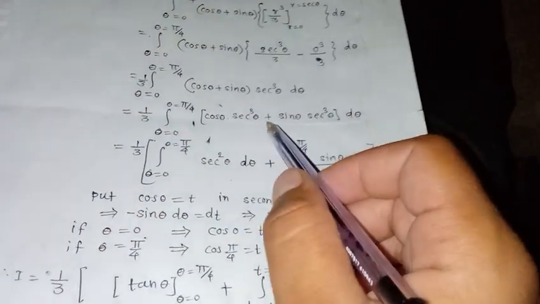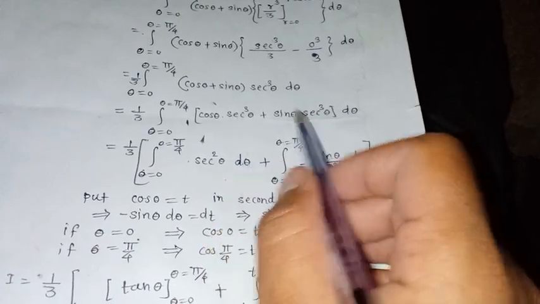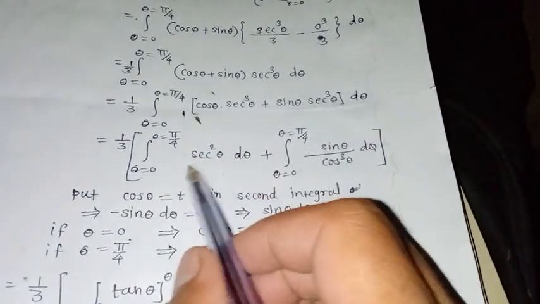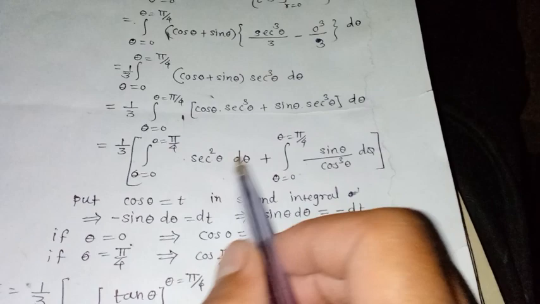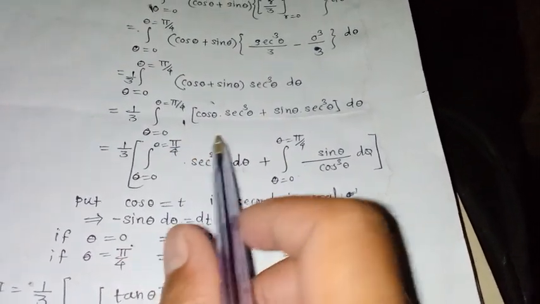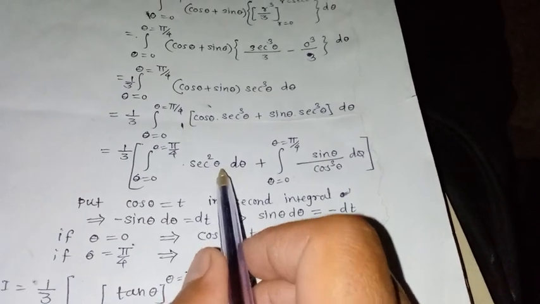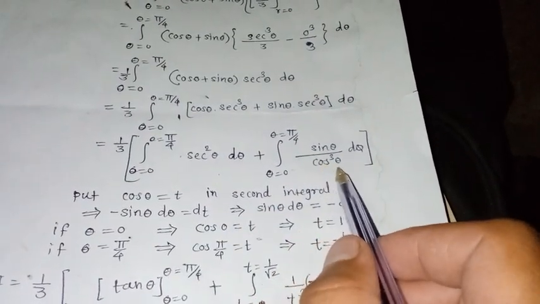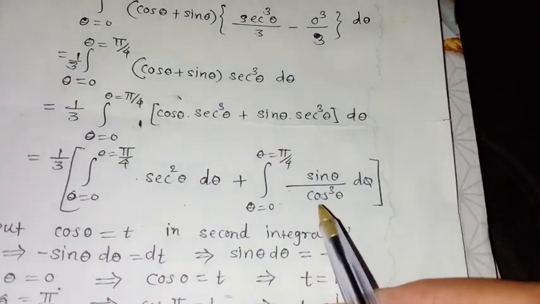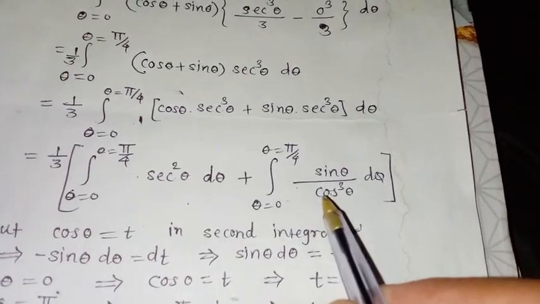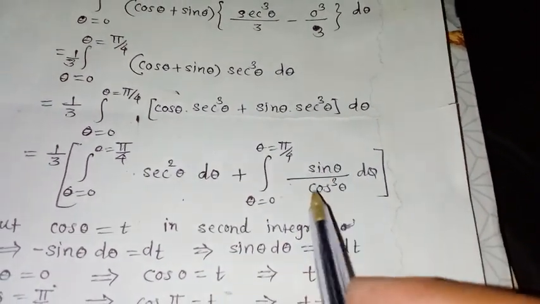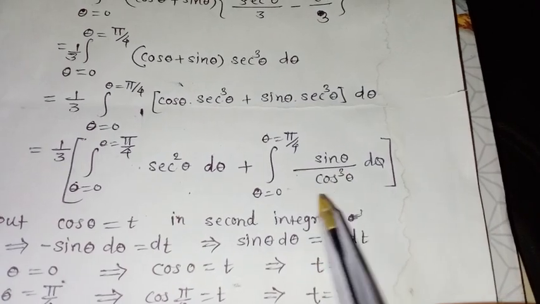And here addition is there in between these two terms, so that I can take the integration for these two terms separately, so that I am applying this integration for sec square separately and sin theta upon cos cube theta separately. Now to solve that second integral, we don't have any standard formula, and therefore we are using a substitution method.